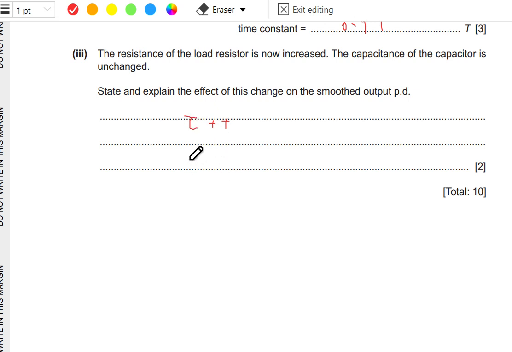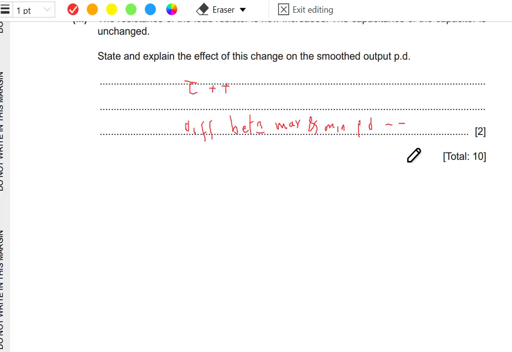And as tau, the time constant, increases, this means that the difference between max and min potential difference will decrease, because it is related to the time constant.